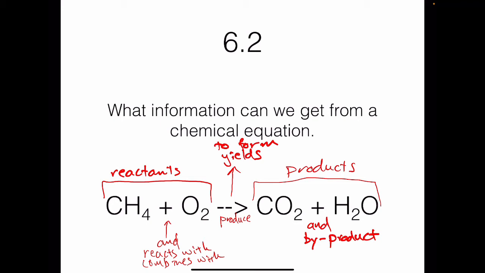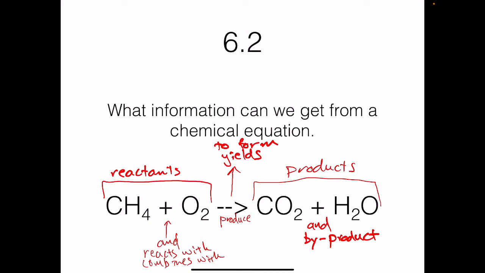Sometimes, and not in an attempt to trick you, what you might see is CO2 and H2O are produced from, and then you are still expected to know that those are on the product side of a reaction. So in the same way that we read a periodic table from left to right, we also read a chemical equation from left to right.